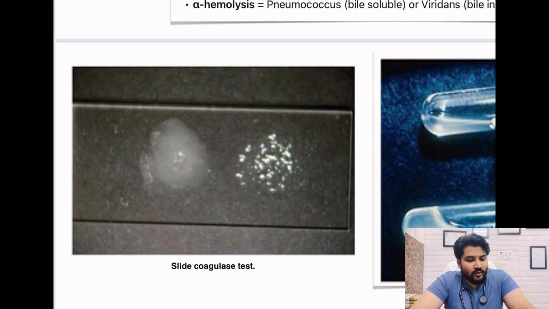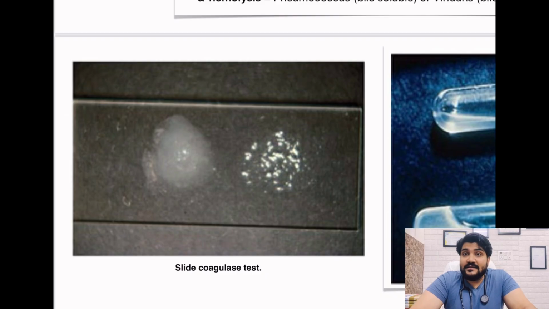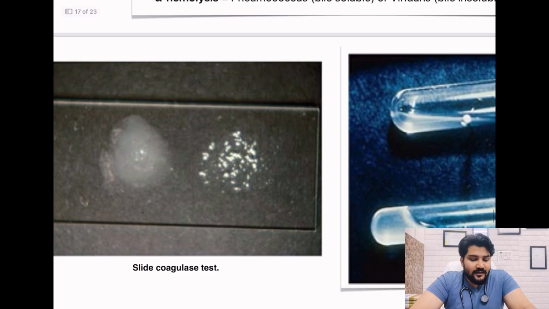After mixing, the whole suspension will look curdy, turbid. If it belongs to Staphylococcus aureus, because coagulase is present in Staphylococcus aureus, this coagulase will clot your plasma, and they will form agglutinations.